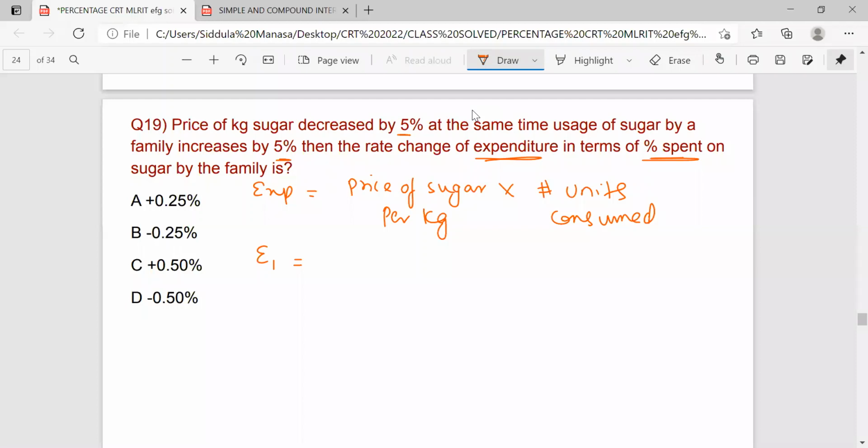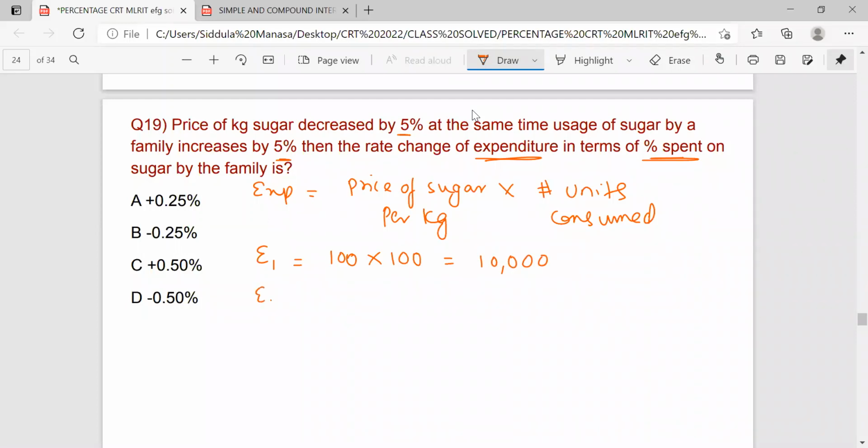Let us suppose the initial price of sugar per kg is 100, and how many kgs are you consuming? 100. Since percentages are involved, we can use 100 as the number if the price of sugar and the number of units consumed are not given. So the total expenditure you are spending is 10,000.